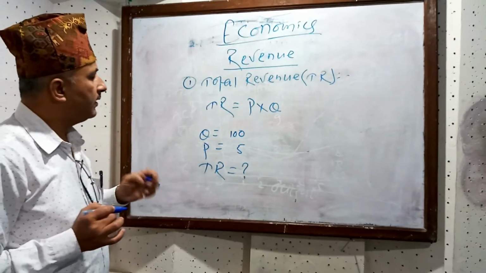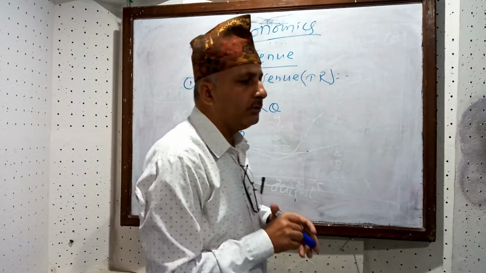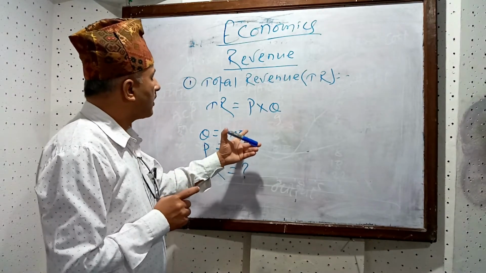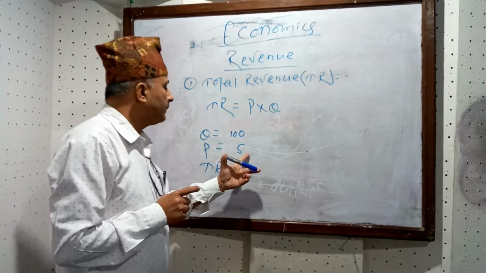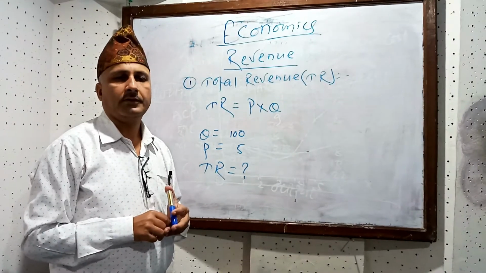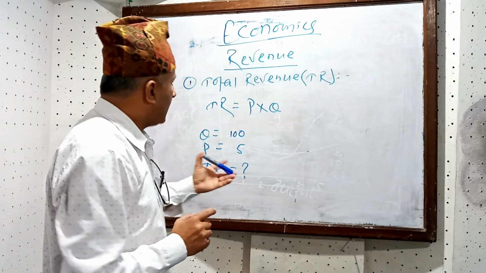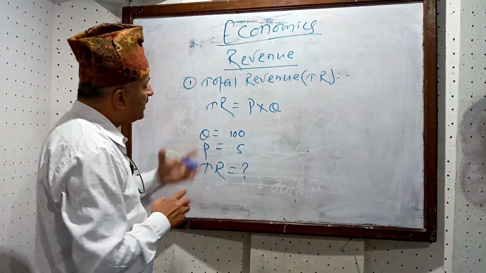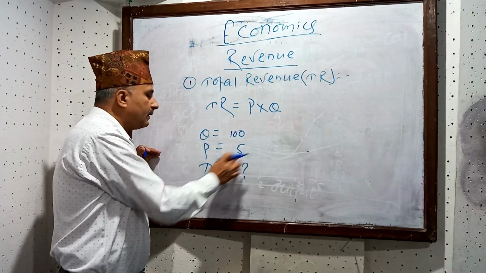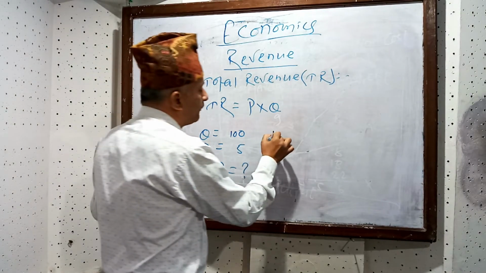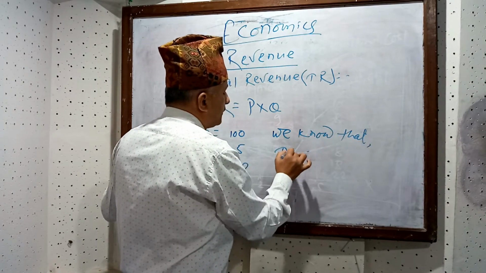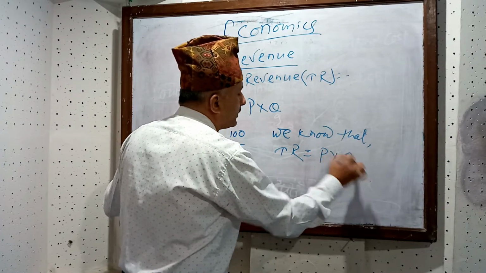Suppose this is a question: a producer sells 100 units of a commodity at the rate of 5 rupees per unit price, calculate total revenue. Suppose this question carries one full mark. Now to solve this problem, here Q is equal to 100, P is equal to 5, then TR equals what? Now we know that TR is equal to P into Q.